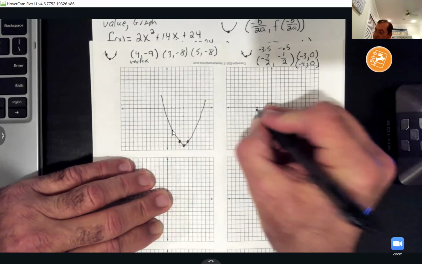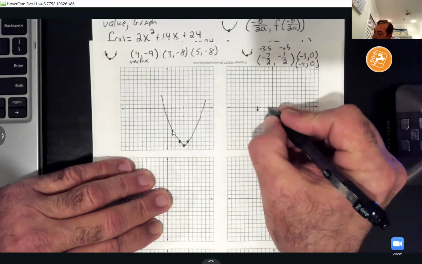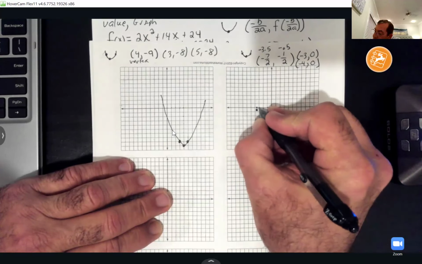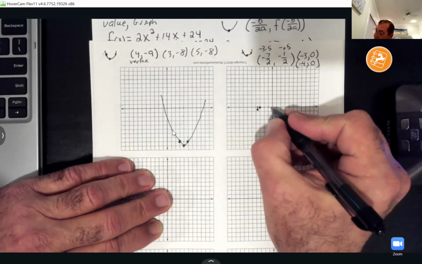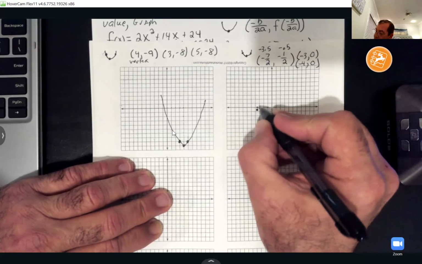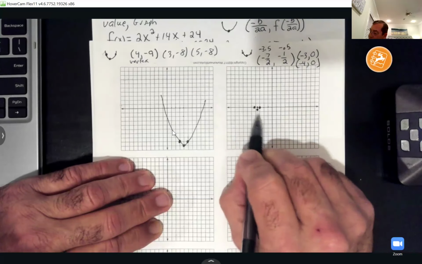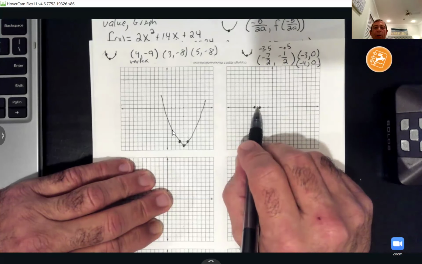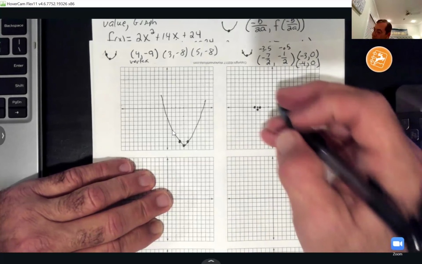But the first point is right here where I went down -1/2. That is my vertex. Now the other points, -3, 0. So -1, -2, -3, 0 right there. And then -4, 0. So 1, 2, 3, 4. So see how that -3.5 is in between -3 and -4, okay?